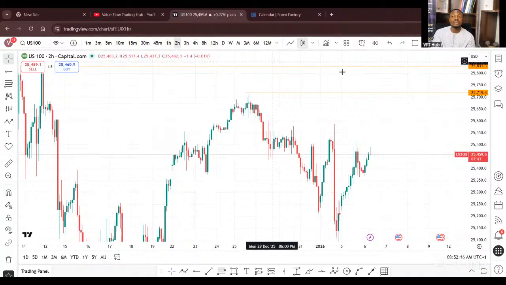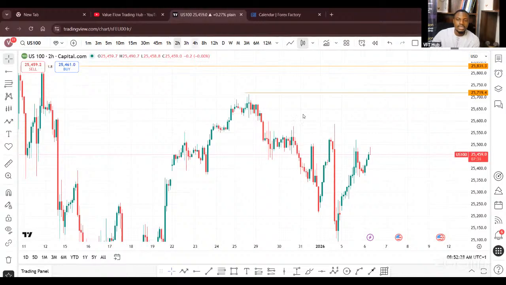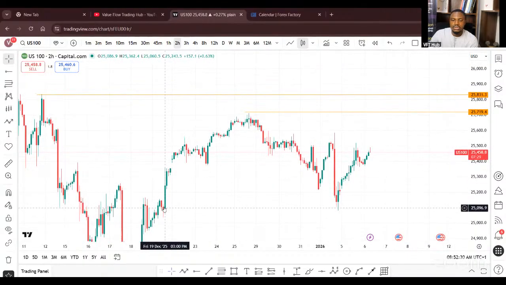Another opportunity will come. There's no point forcing this particular opportunity, because as it stands now, the best way to have entered this market would have been from this exact zone here, right? That would be the best way to have entered this market. However, many things happened, right?